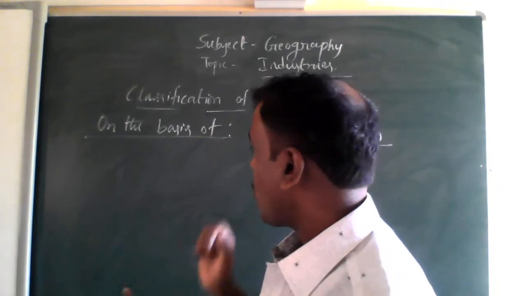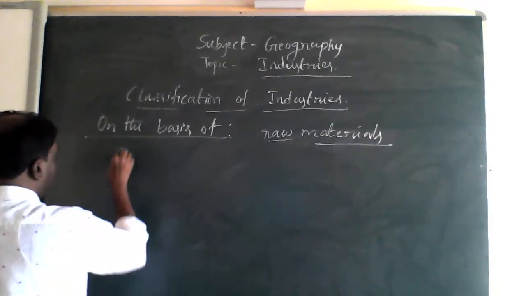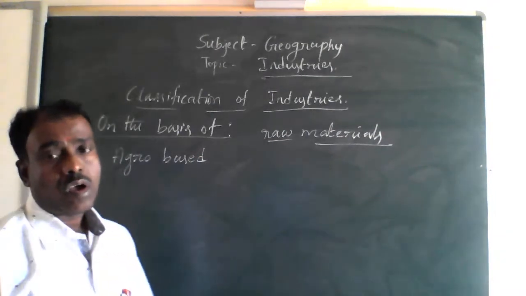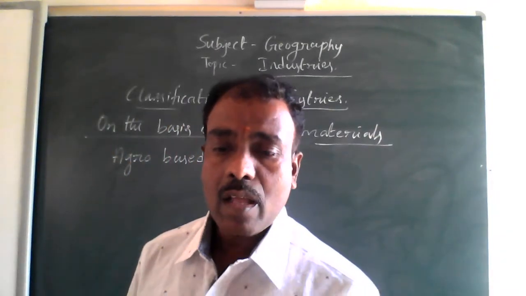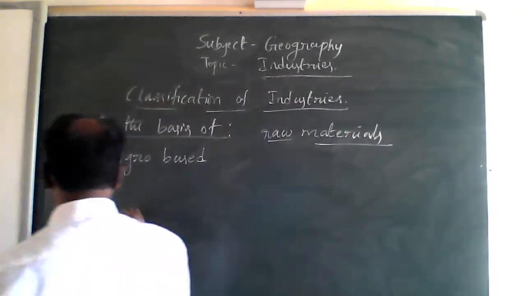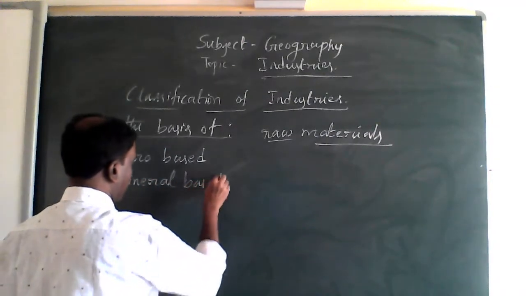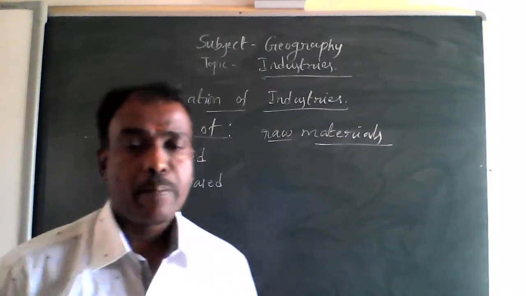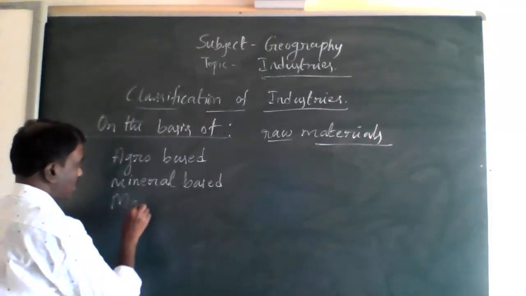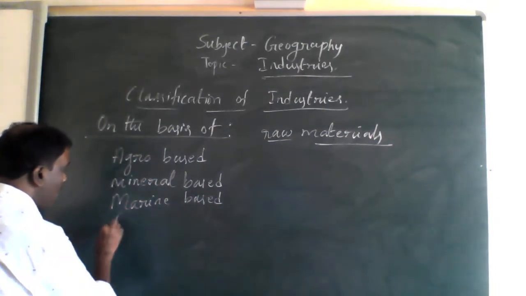So on the basis of raw materials, industries are classified into agro-based, mineral-based, marine-based and also forest-based.